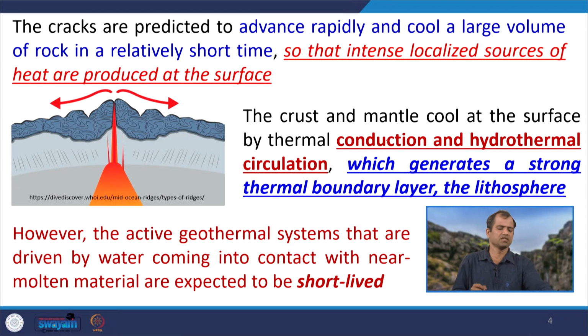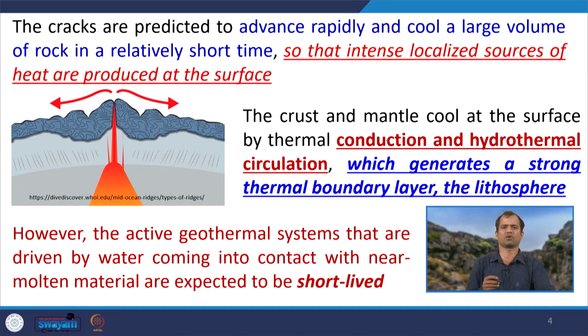So the cracks are predicted to advance rapidly and cool a large volume of rock in a relatively short time, so that intense localized sources of heat are produced at the surface.